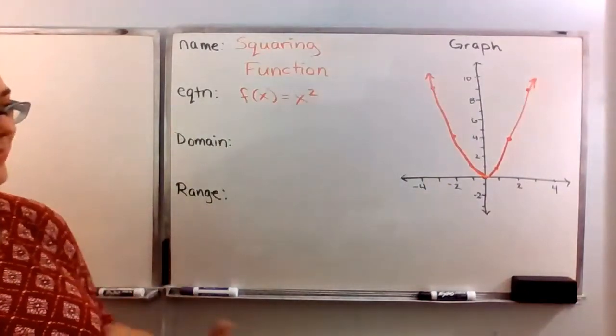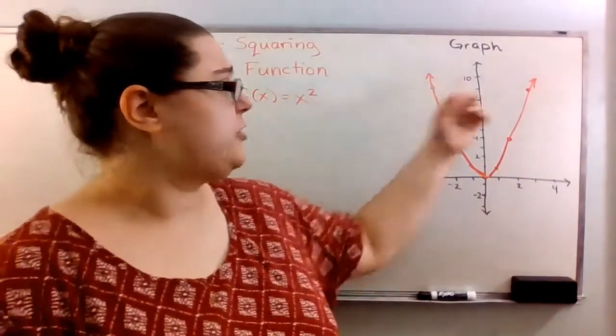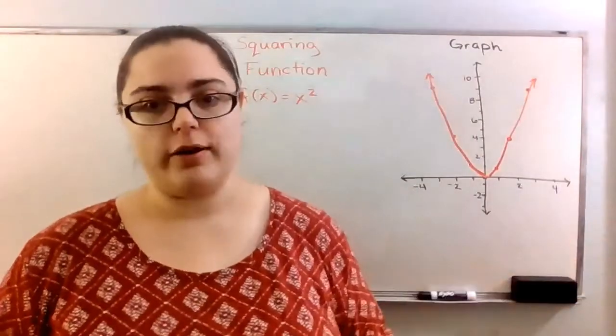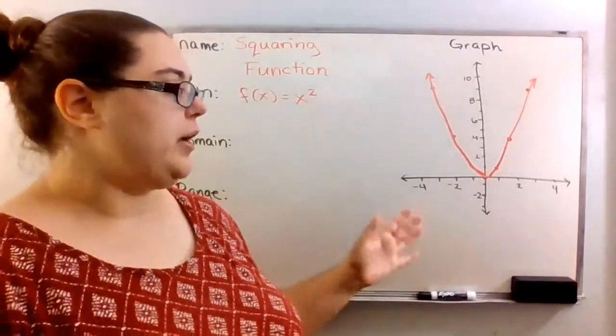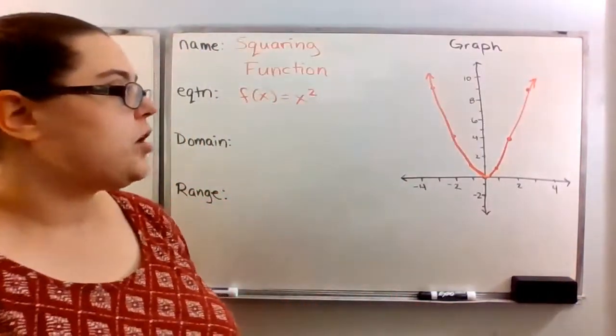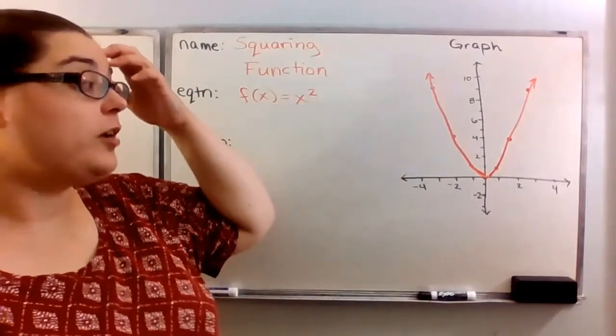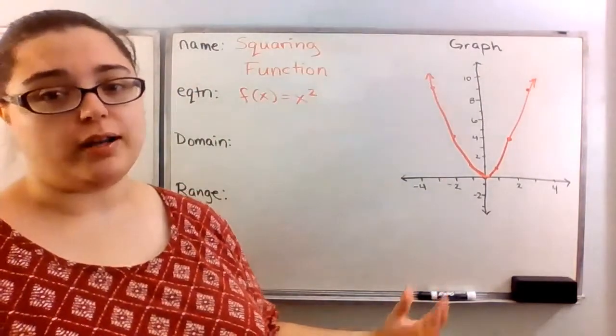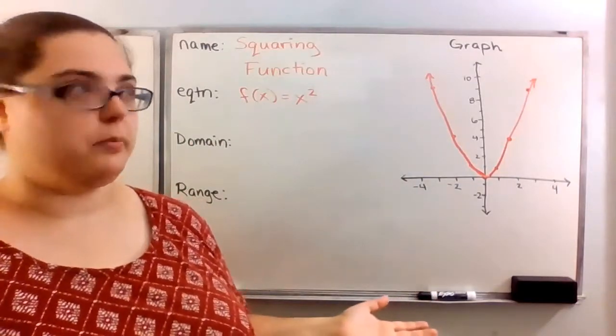Okay, and for this one, I'm putting arrows on either end because I can give you any real number and you can square it. So if I gave you -pi, you could square it and get pi squared. So when I think about that and what it means in terms of the domain, I can give you any number and you can square it. So that means our domain is all real numbers.